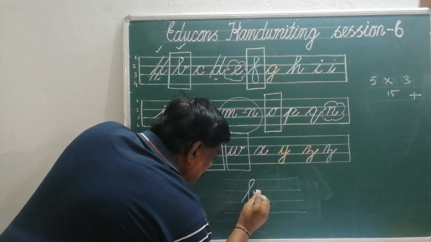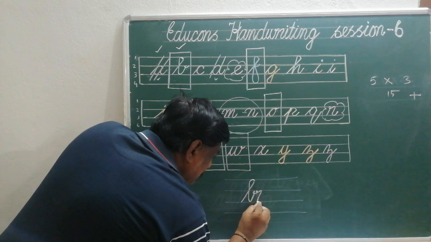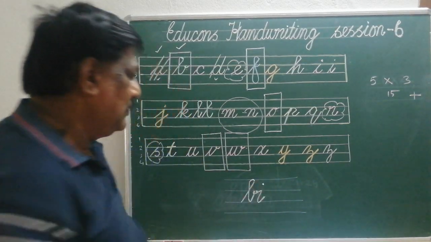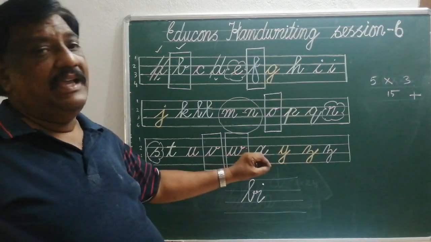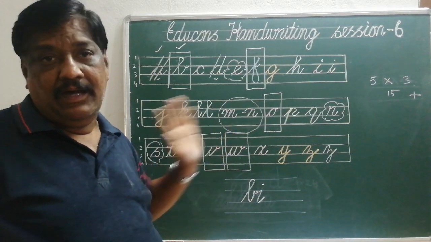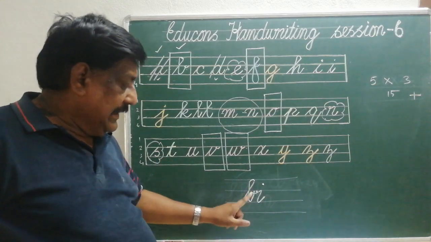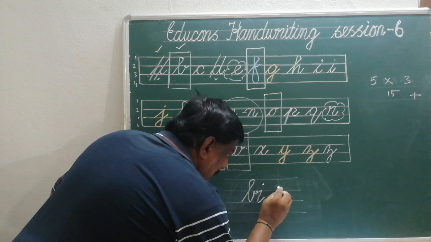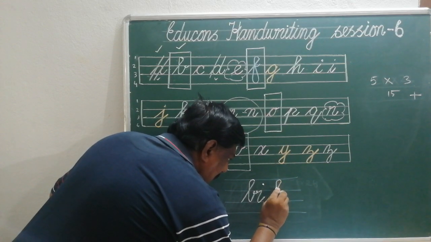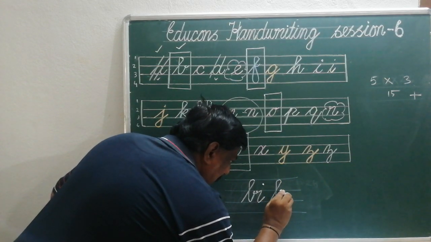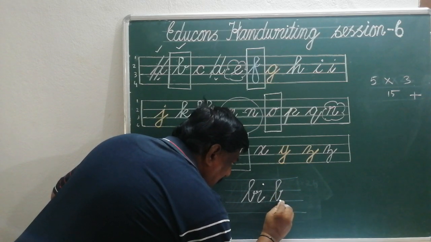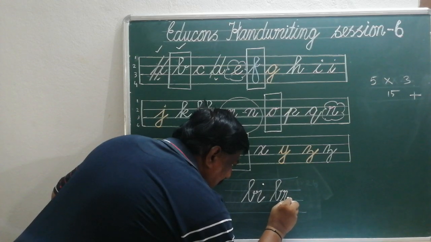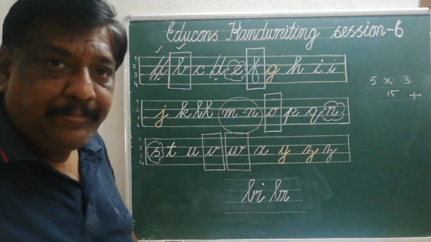R. Now you see, this looks like BI, then BR. Okay, this is BR. This is BR, you just check.